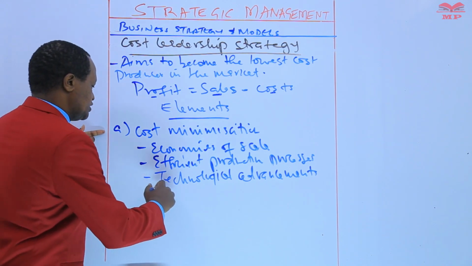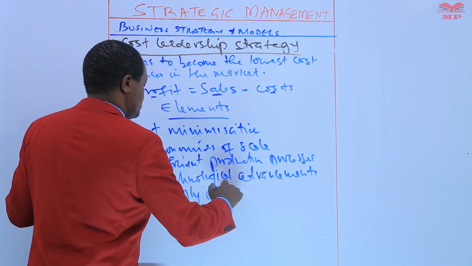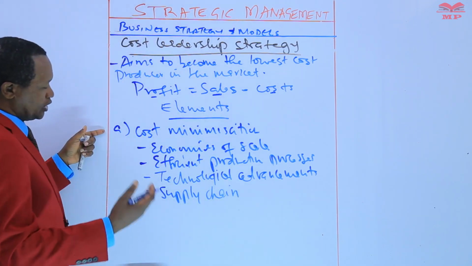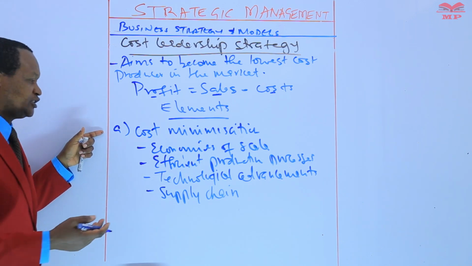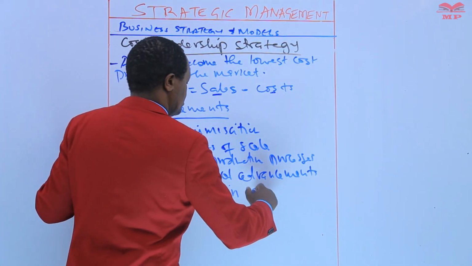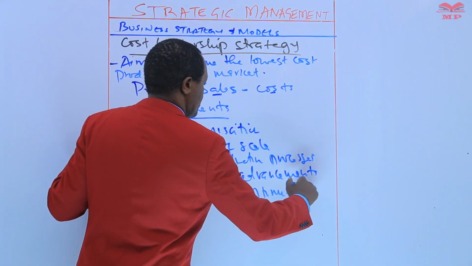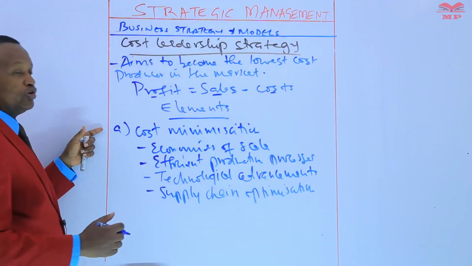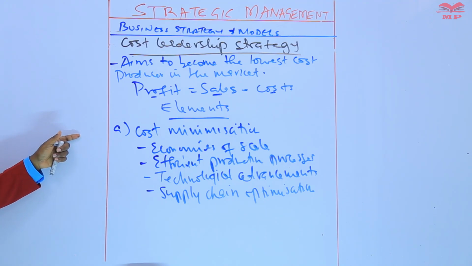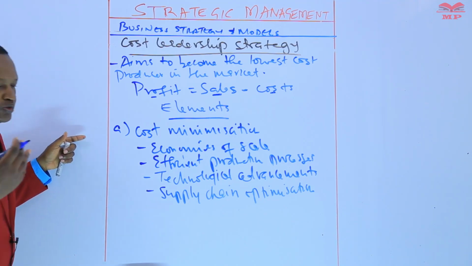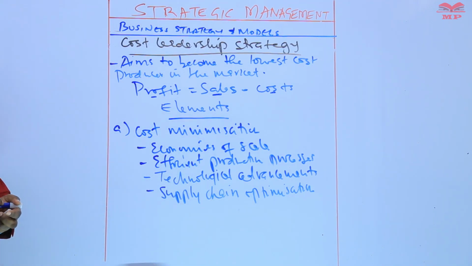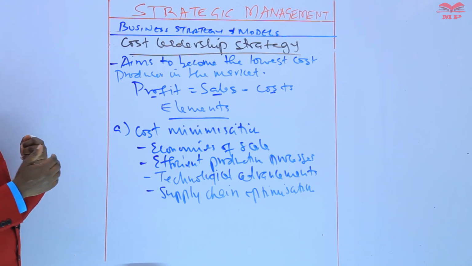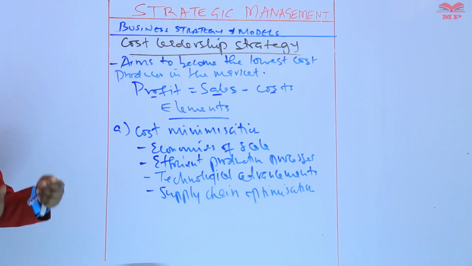There is also supply chain optimization, which means negotiating favorable contracts with suppliers, streamlining logistics, managing inventories effectively, and so on.